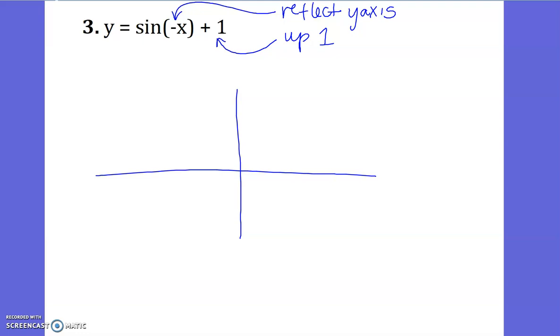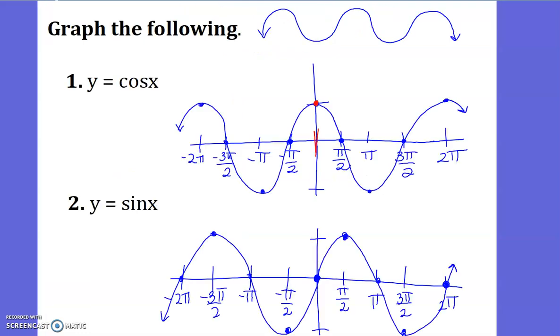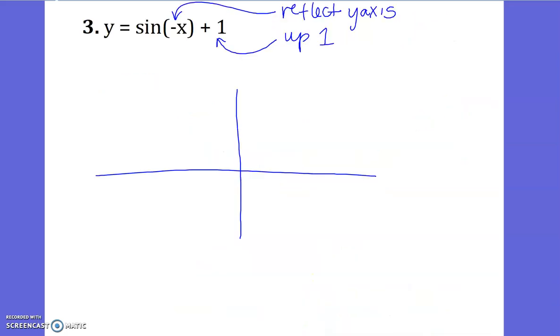Let me just put a couple starting points here. So if we go back to this graph, we just use these first points here. We'll apply the transformations just for this first one. So I'm just going to put little x's here.